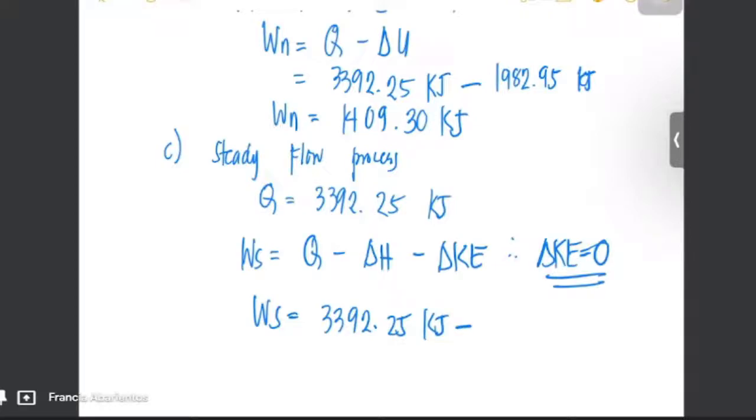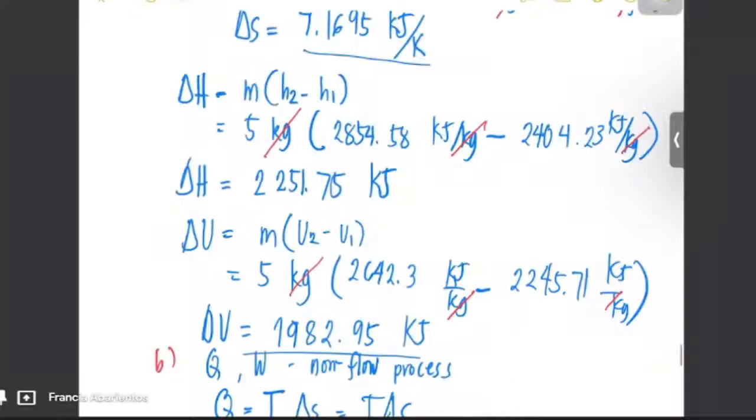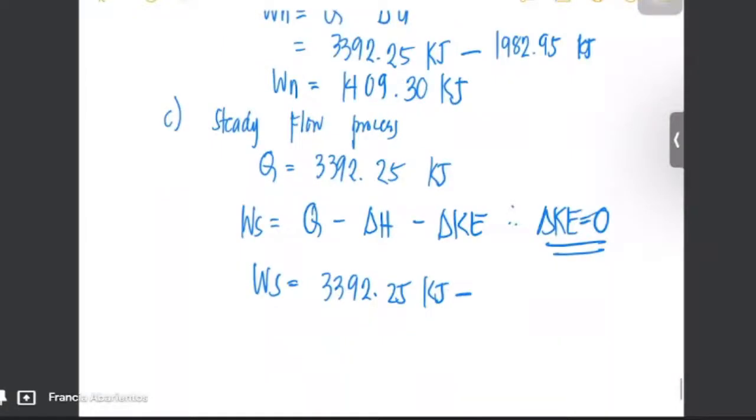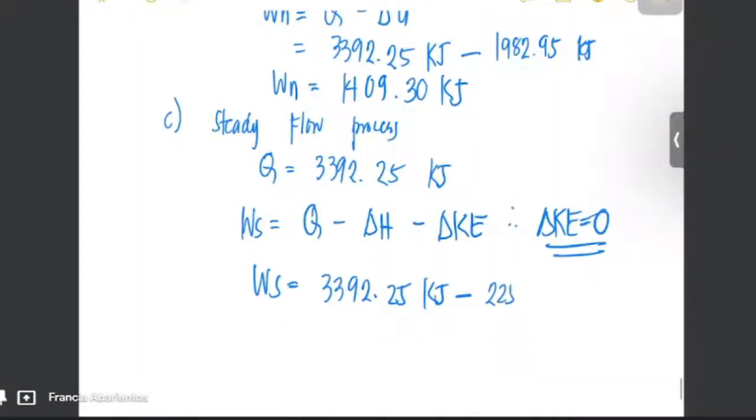minus the H. What is the H? Here, 2251.75 kilojoule minus 0. So this is now the work in steady flow process. So ano yun? 3392.25 minus 2251.75.